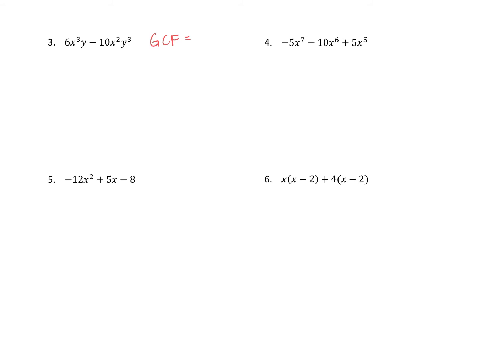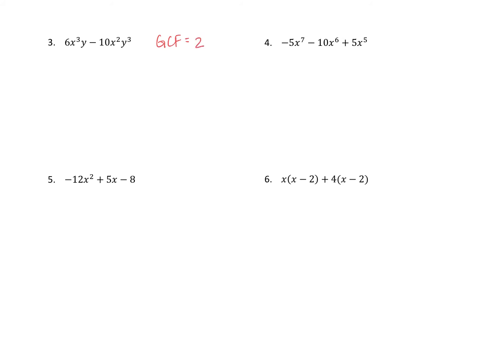Let's say you thought it was 10, and you divided them by 10. Notice that 6 is not divisible by 10. So right there, you should know that you made a mistake. If whatever you say is the GCF does not go in evenly to what you have, that's not correct. Right? So 2 will go into both.